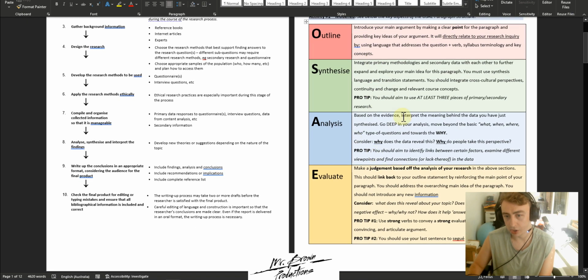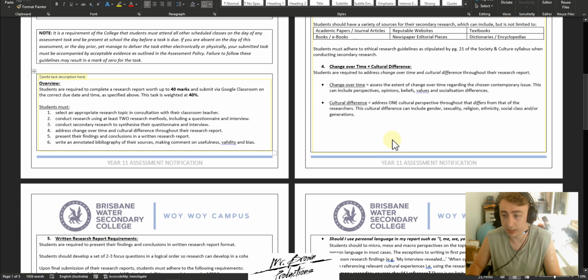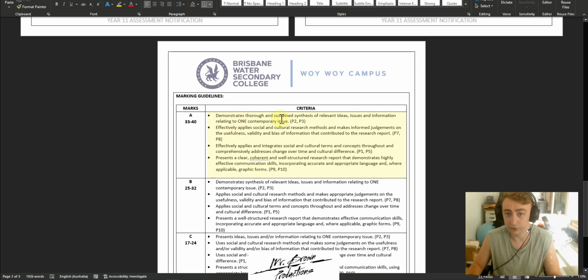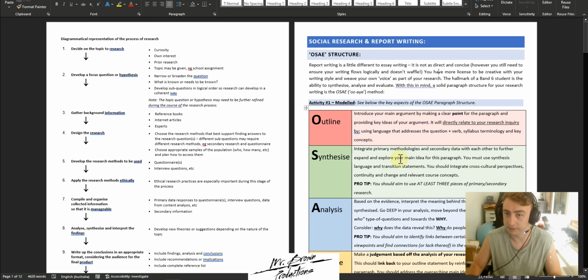And by following this, if you do it well and consistently, you will probably get an A, because by applying this consistently, you are applying the marking guidelines consistently, okay? You're demonstrating thorough and sustained syllabus, you're making informed judgments, so you're evaluating, you're analysing, you're synthesizing. So if you follow it and do it really well, you should get an A.